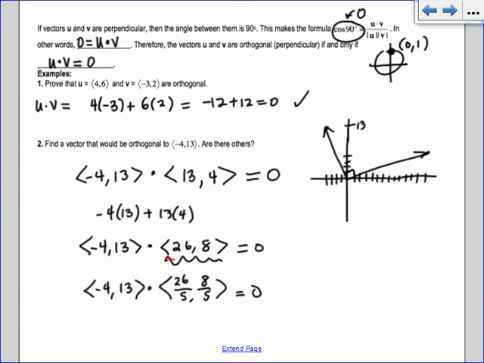But what about these other ones? Well, if I have 26, 8, it's still the same line. Okay, it's just a lot longer. And maybe I have one that's a little bit shorter, right? That's still orthogonal. So it's still the same direction, it's just their lengths are different when you're multiplying by a scalar. So yes, there are an infinite number of answers.